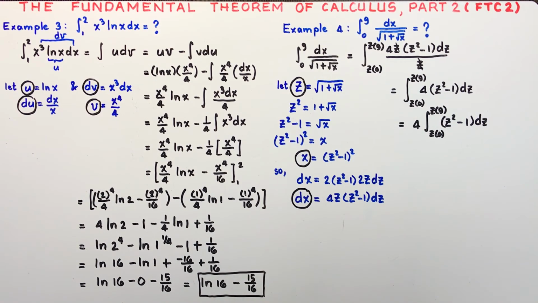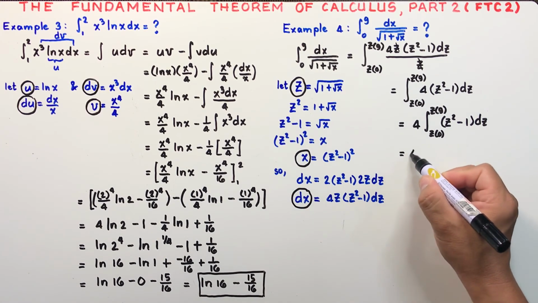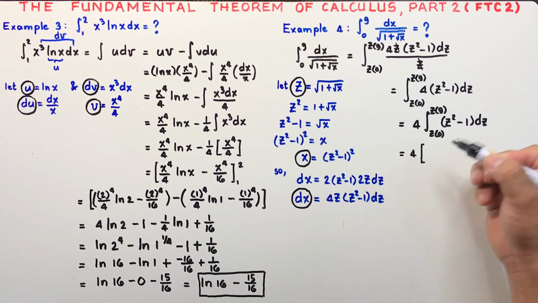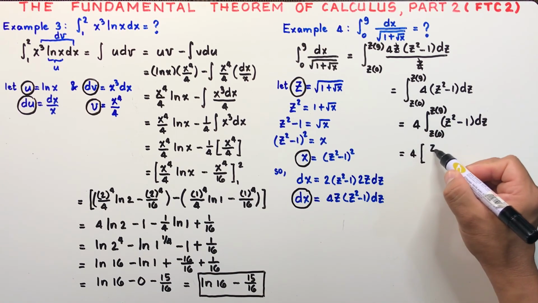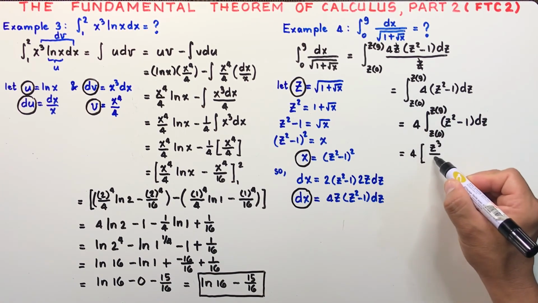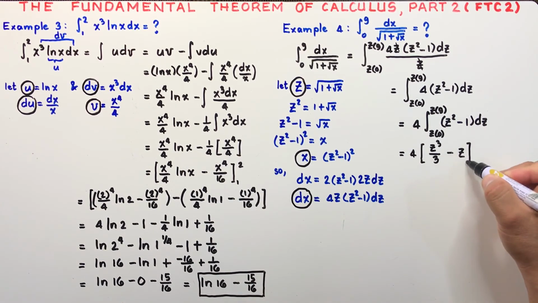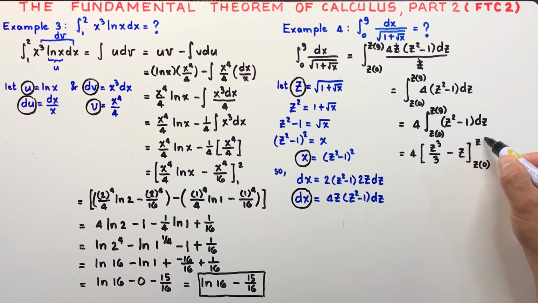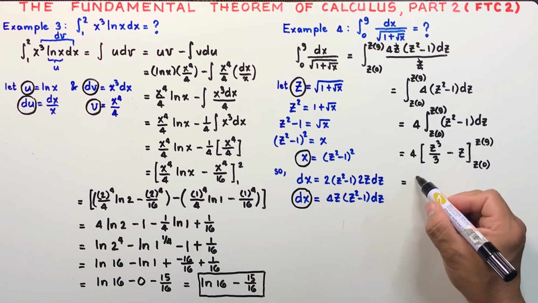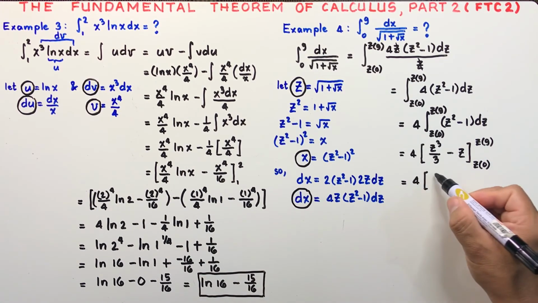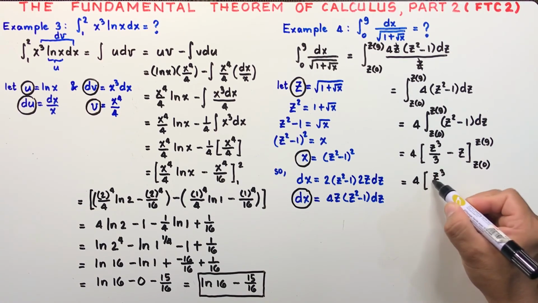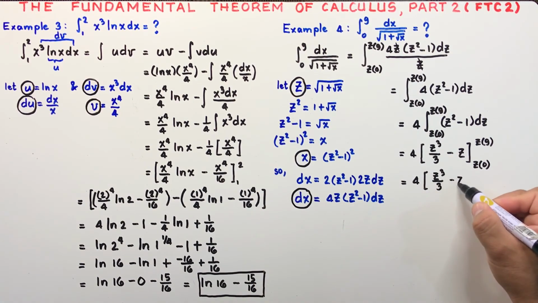Now, applying our knowledge of integration, we have 4 times the integral of z squared, which is z cubed over 3, and the integral of 1 is z. And this will be evaluated from z of 0 to z of 9. We need to transform our limits of integration because we changed our variable.